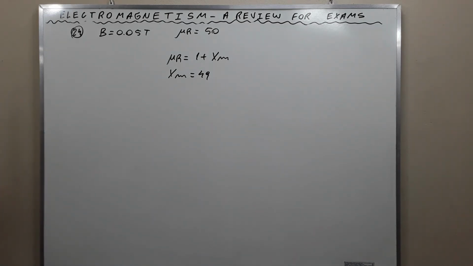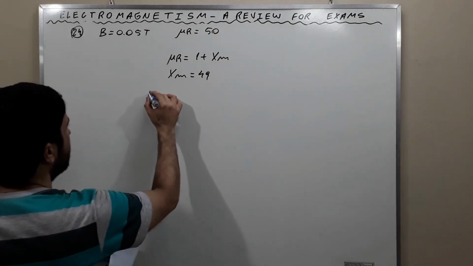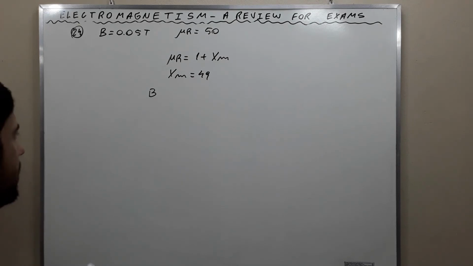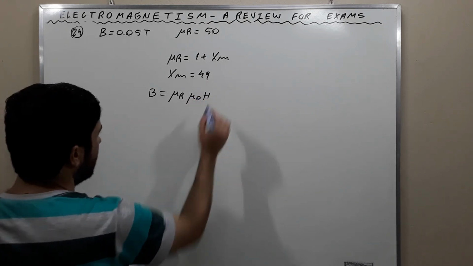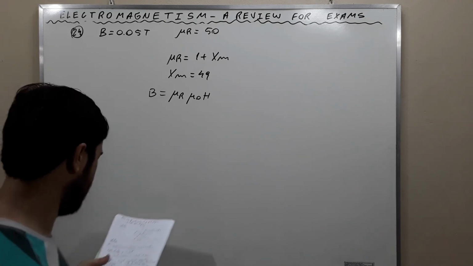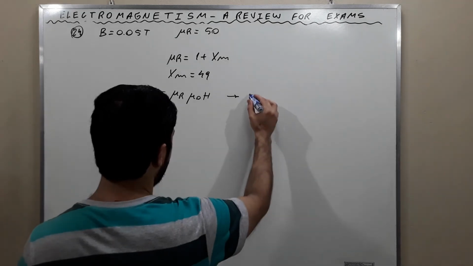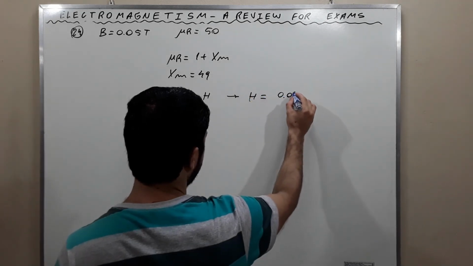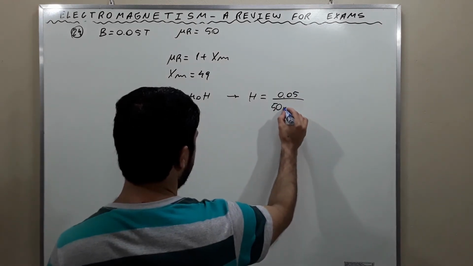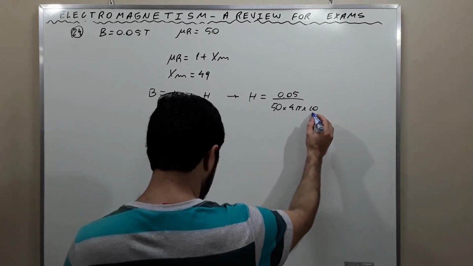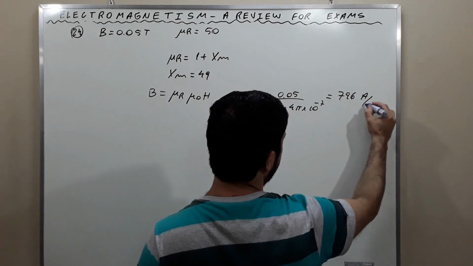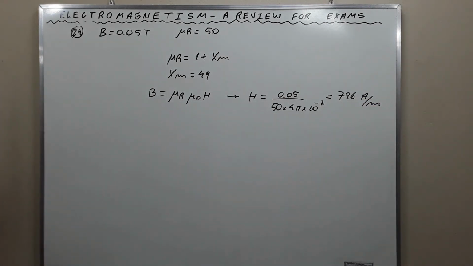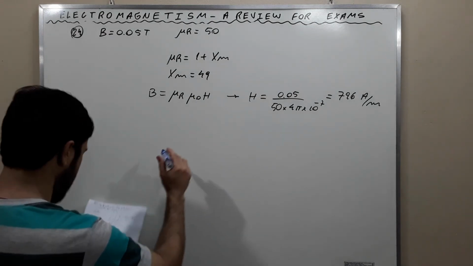And to calculate the magnetic field, we use this expression that relates the magnetic field with the flux density, which is B = μr μ0 H. With these values we get that the magnetic field will be equal to 0.05 divided by 50 times 4π times 10 to the negative 7, which is 796 amperes per meter.